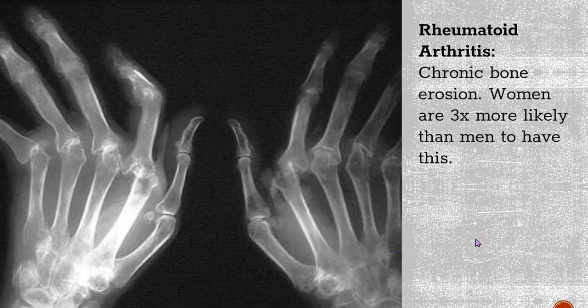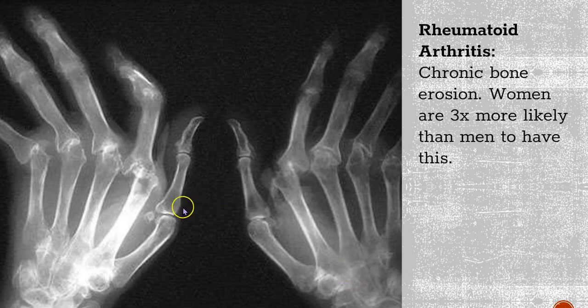Rheumatoid arthritis. So this is another form of arthritis. This tends to be more hereditary. This does not happen to everyone as we age, as compared to osteoarthritis. So this could be described as chronic bone erosion. Women are 3 times more likely to have rheumatoid arthritis than men.